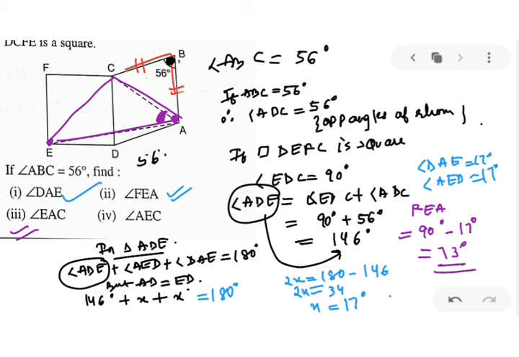Now BAC here, if you notice, this is an isosceles triangle.